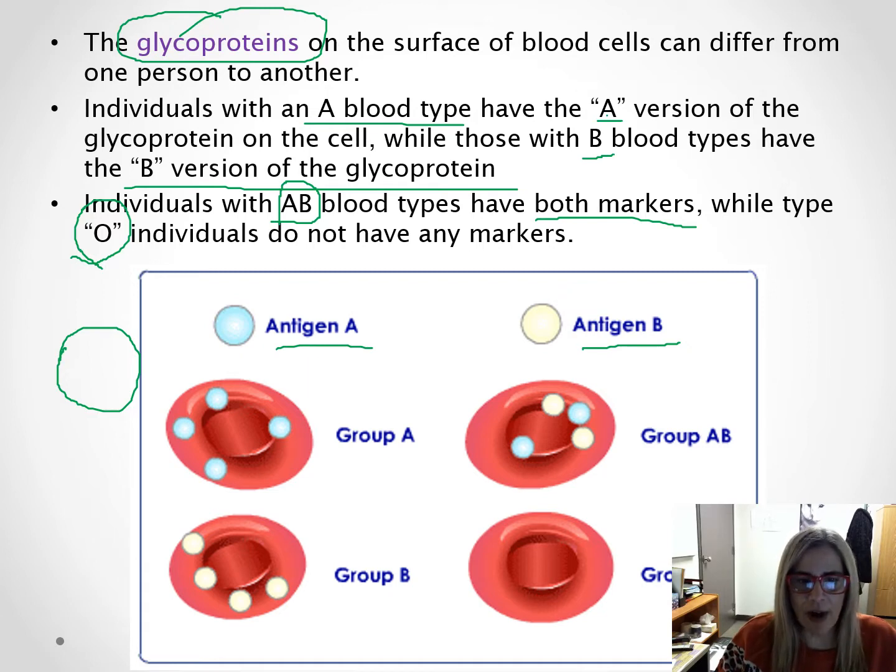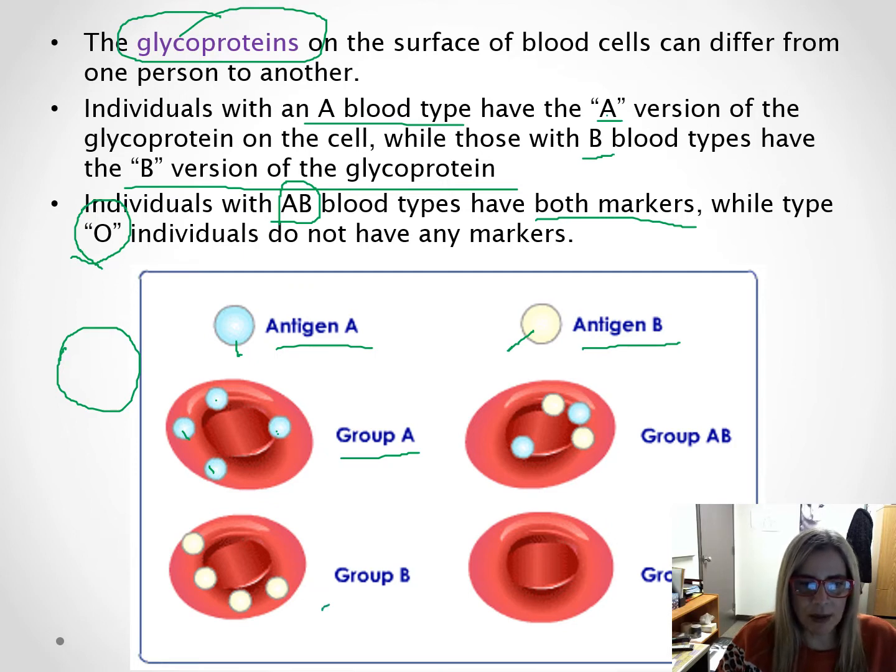If we take a look at our graphic, our little blue circle represents the A glycoprotein or antigen A, and the little yellow circle represents our B antigen or our B glycoprotein. Anybody that has blood type A obviously has the A antigen, so the little blue circles, but not the B antigen, so no yellow circles.